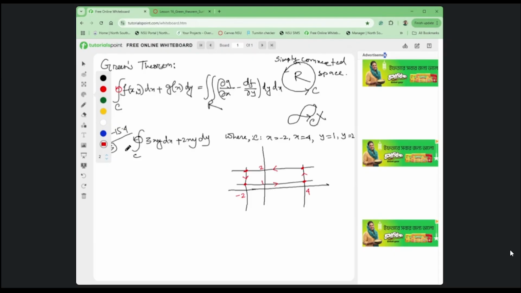So now, where is our R? Our R is basically this whole space.